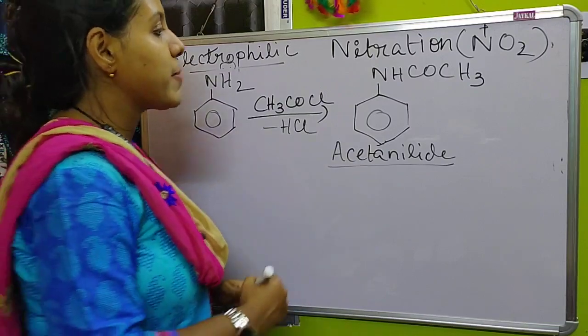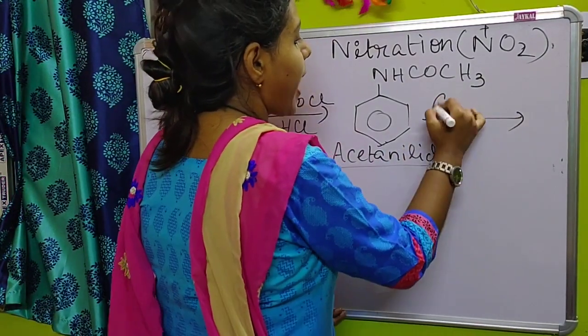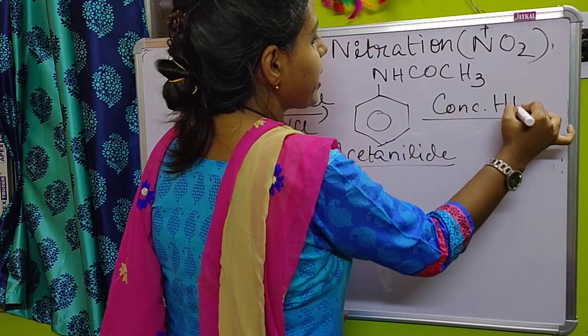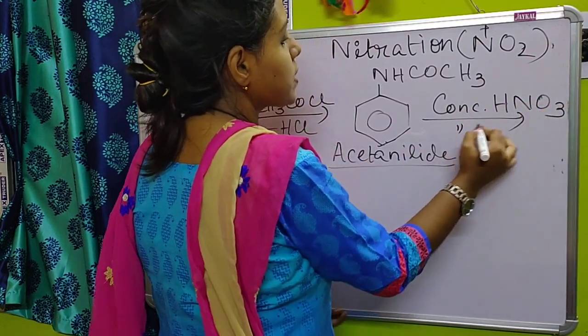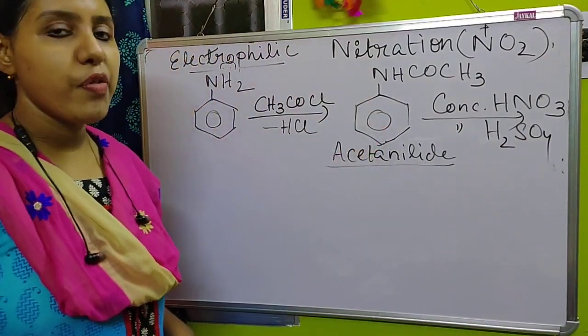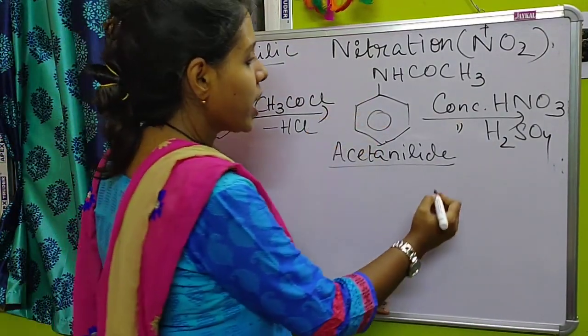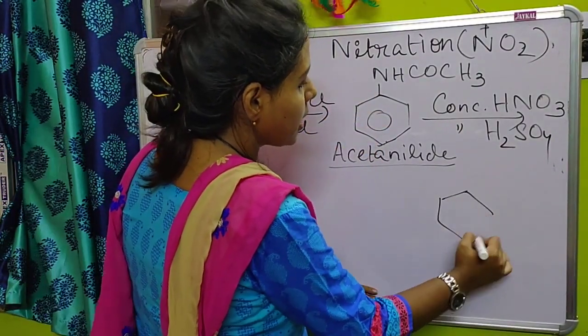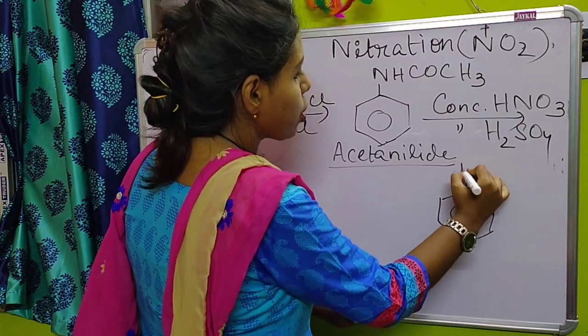In the second step you have to add the nitration reagents, that is concentrated nitric acid and concentrated sulfuric acid. In this way we get the nitration products.